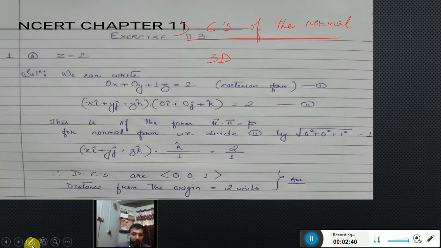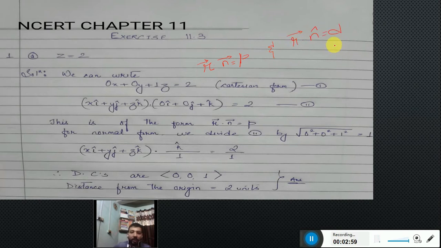There I have shown you the comparison between r vector dot n vector equals p and r vector dot n cap equals d. If you have an n cap here, then this d becomes the distance from the origin. So one of the things asked in the question is the distance from the origin.